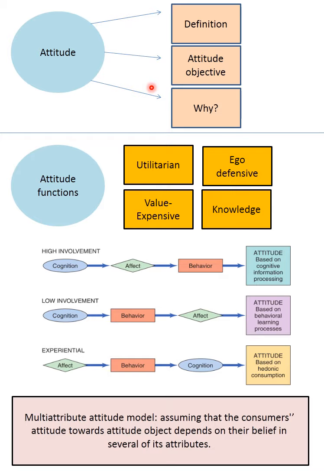The second reason is that consumers have attitudes towards several attitude objects, like consumption-related behavior. It means, for example, how often do you eat chocolate. That's a consumption-related behavior. The second one is product-specific behavior: which kind of product do you prefer more?